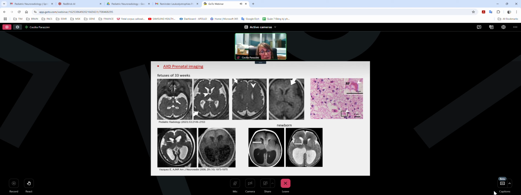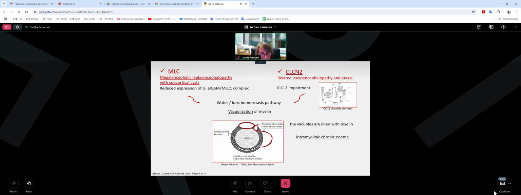But in both these cases, a typical feature is increasing thickness of chiasma and fornix. A very subtle periventricular white matter alteration has been described, but this is very difficult to see in prenatal imaging.